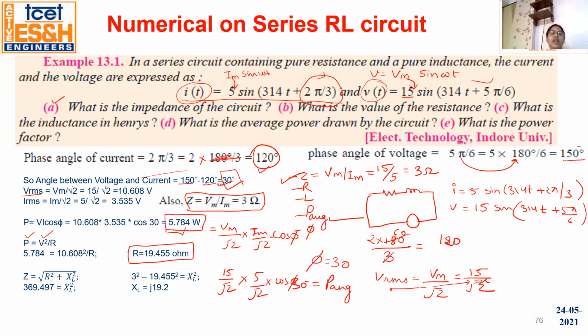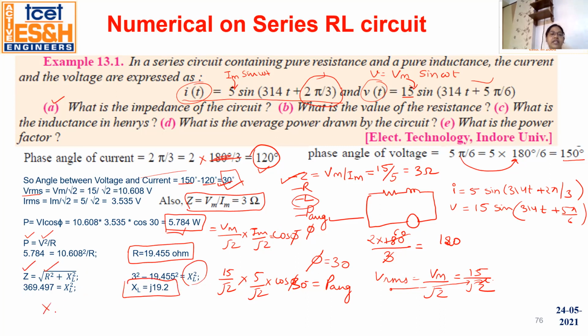Now Z, you know that Z has this formula, under root R square plus XL square. So R we have, Z we have. Now we have to find XL to find the value of L. So we open this under root, and Z square minus 19.45 square gives the XL square. So from here we will get the XL.